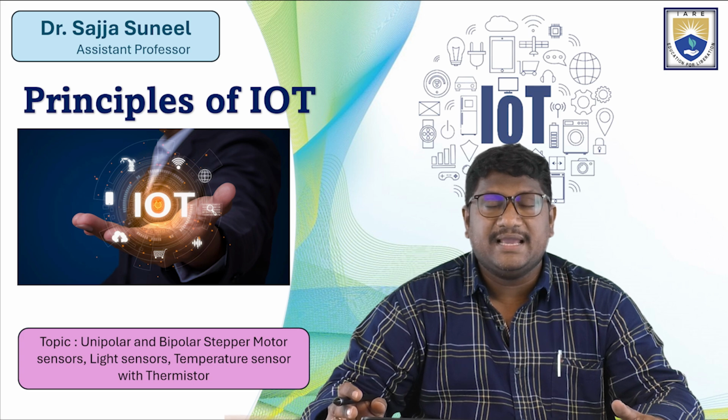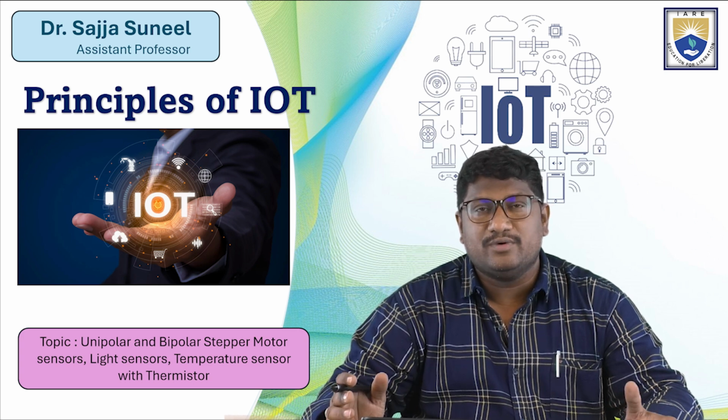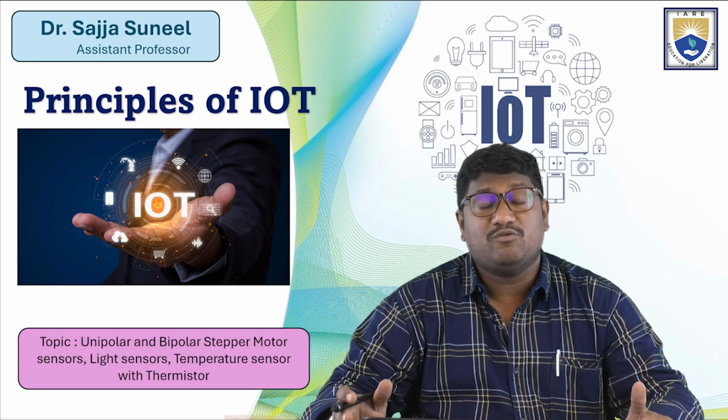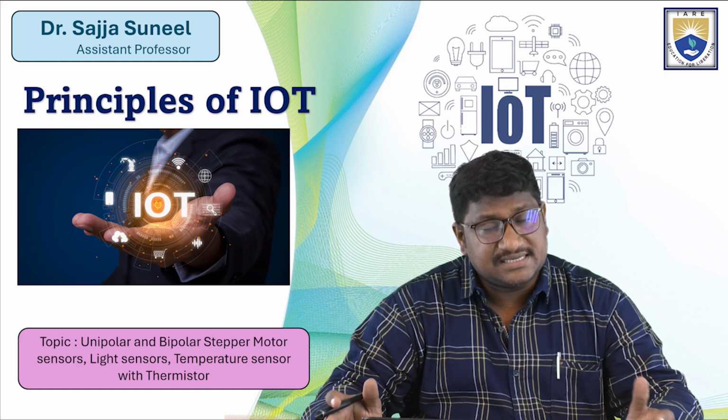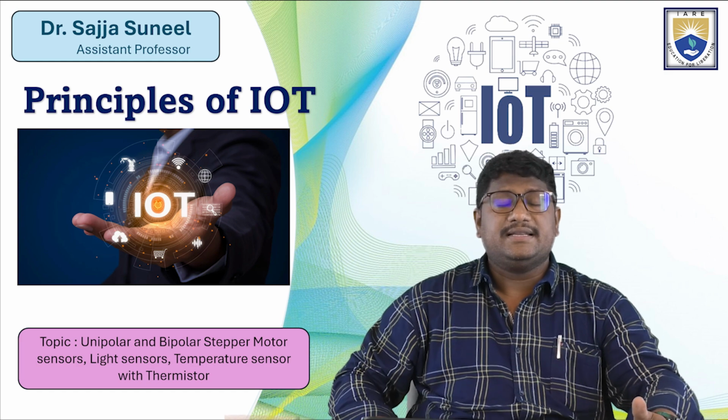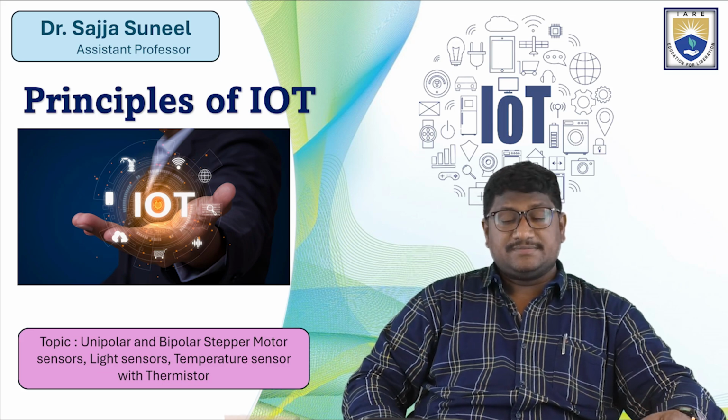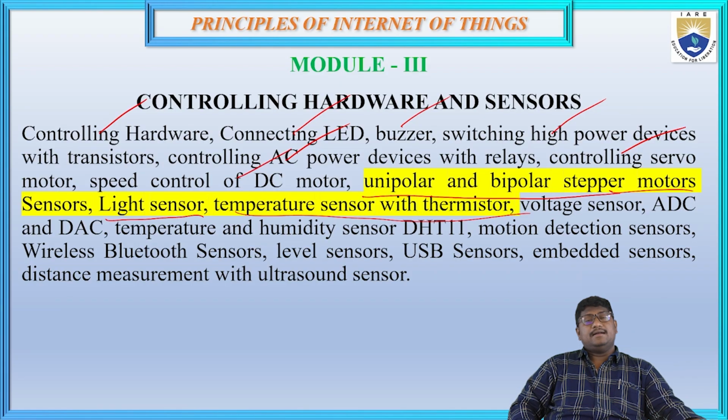Let me tell you what exactly we are aiming for and what we are going to get after successful completion of these three topics. Let me enter into the concept first. We are discussing these topics from module 3, which is controlling hardware and sensors.